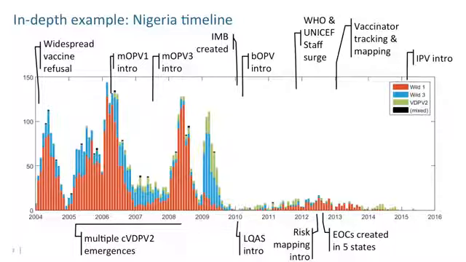MOPV1 stands for monovalent oral polio vaccine type 1. It contains only type 1, because when you put all 3 types in the same dose, they interact in conflict with each other, such that the recipient can be immunized against only one of those types. The type 2 vaccine is the strongest, so it overpowers type 1 and type 3.